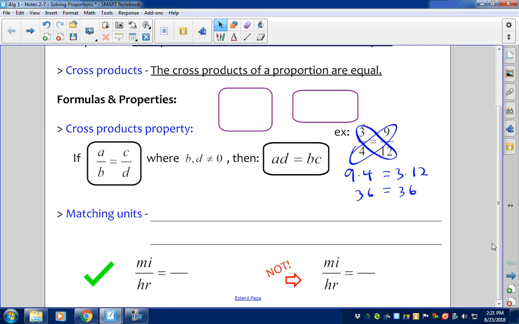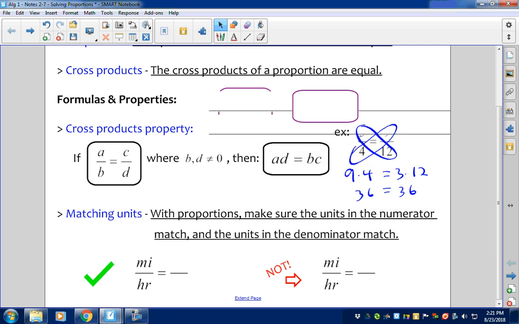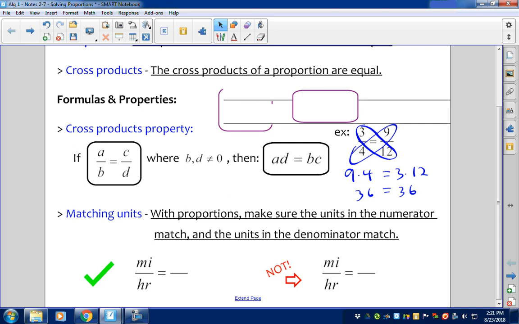So it's important when you go to set up a proportion that you match units straight across. So with proportions, make sure the units in the numerator match and the units in the denominator match. So write that down, and I'll show you what that means. You're going to make sure the units match straight across. You might want to just write units match straight across. That'd be shorter.